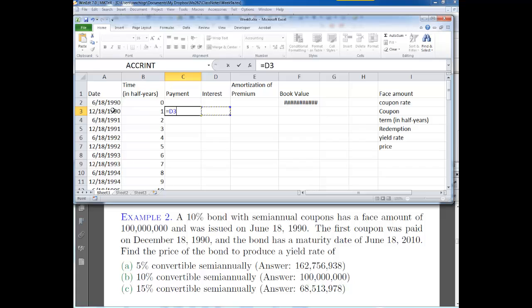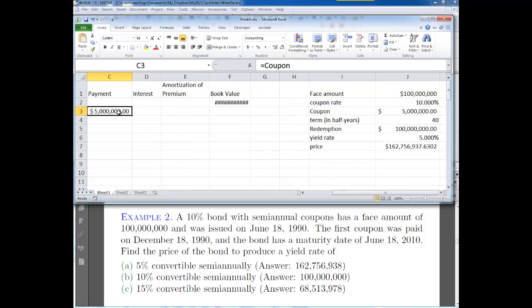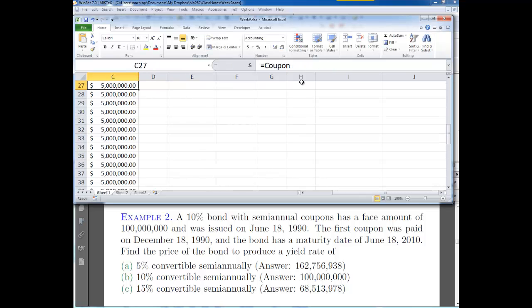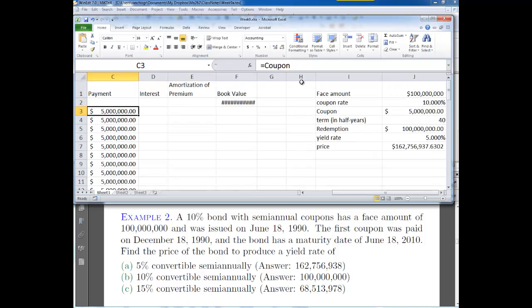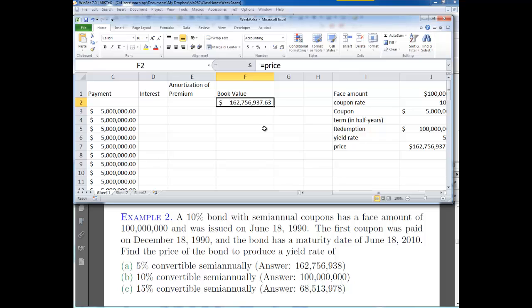So the payment is just the coupon each half year, except the very last payment will be the coupon plus the redemption amount. The book value is just going to be the price, so it's 172,756.